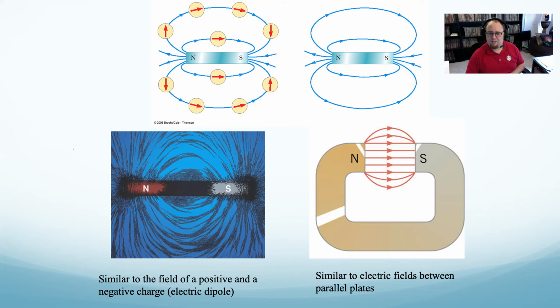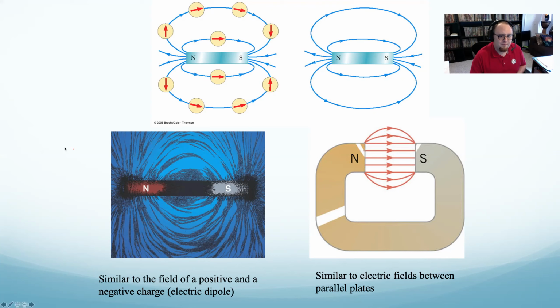And I didn't take a video of it because it's kind of like, look, there's a thing. You'll find that it'll have a magnetic field inside the plates that looks a lot like the electric field between parallel plates. And so the magnetic field follows a lot of similarities in how it works with electric field.